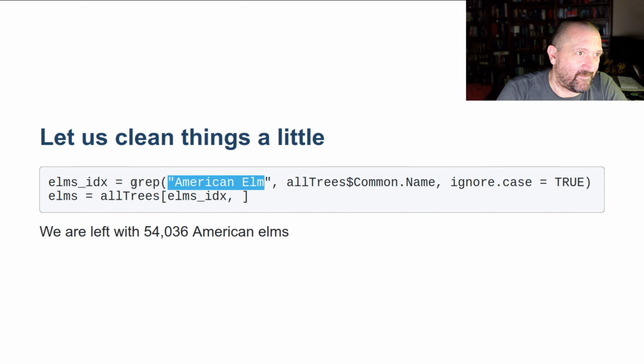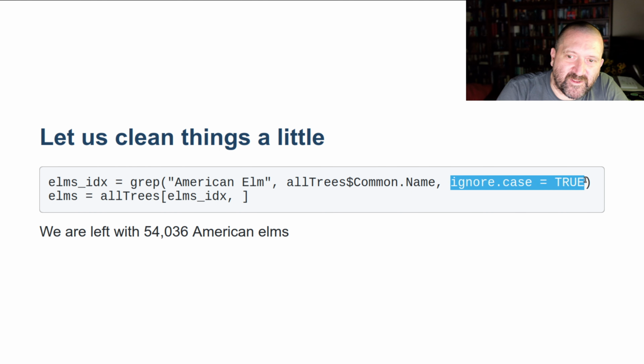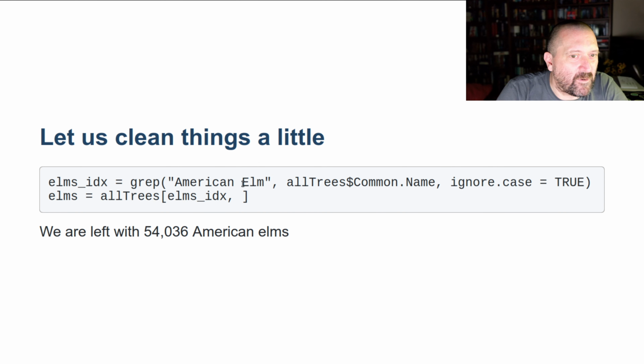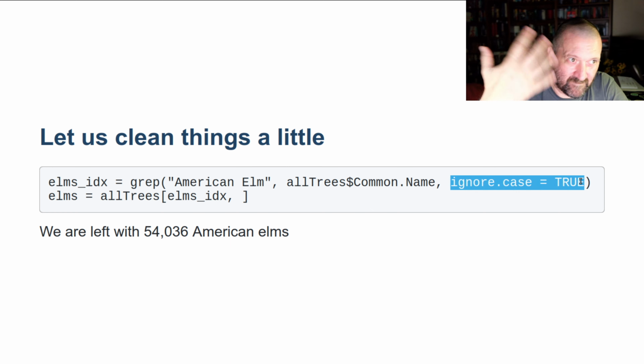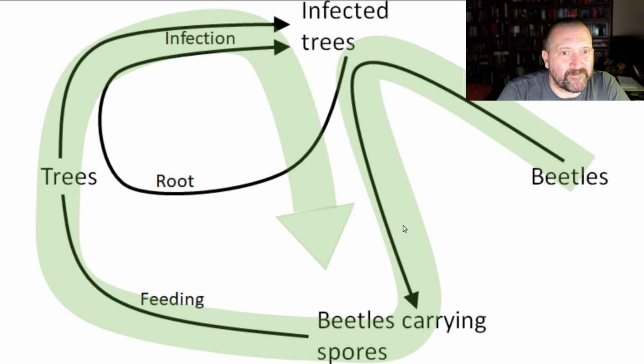GREP is the usual GREP, and I find the indices of trees whose common name is American elm. I'm saying, yeah, ignore the case, in case they've written elm with a little e, for example, then this will ignore the fact that there's a case. And then I just select this, and I'm left with 54,000 elms.